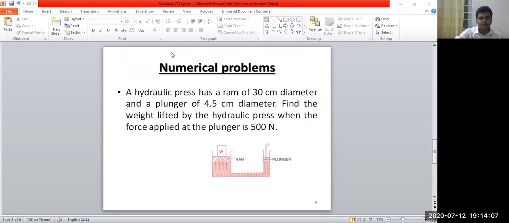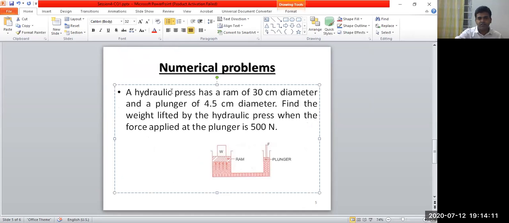See, this is the numerical problem. A hydraulic press has a ram of 30 centimeter diameter and a plunger of 4.5 centimeter diameter. Find the weight lifted by the hydraulic press when the force applied at the plunger is 500 Newton.